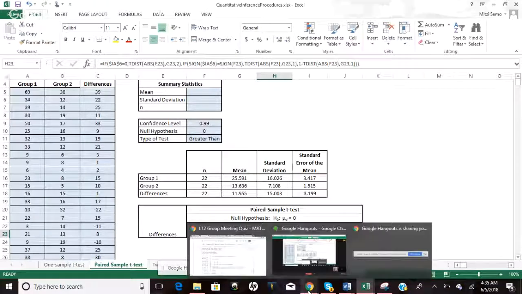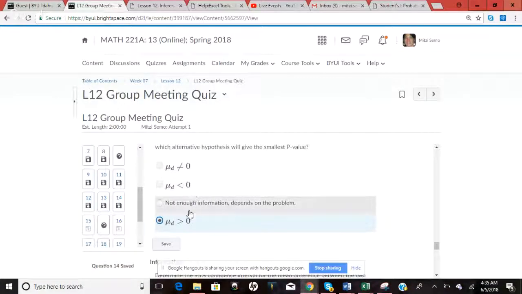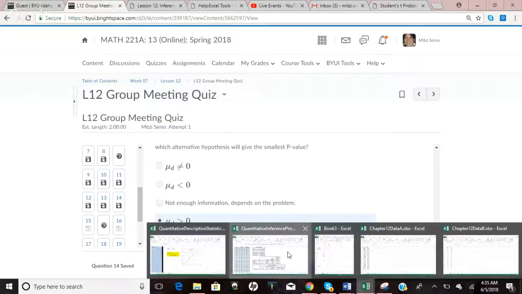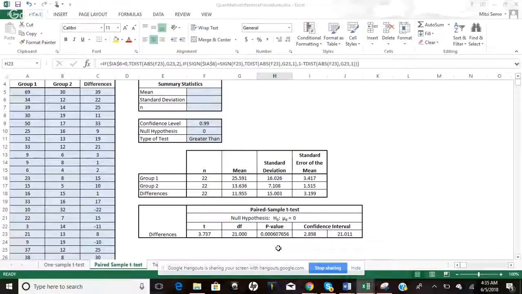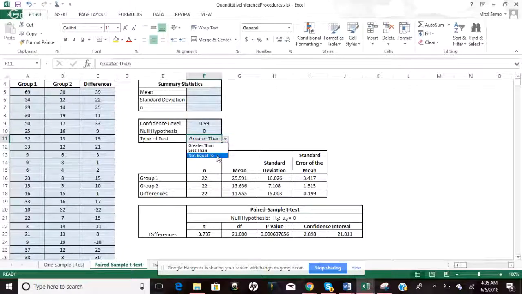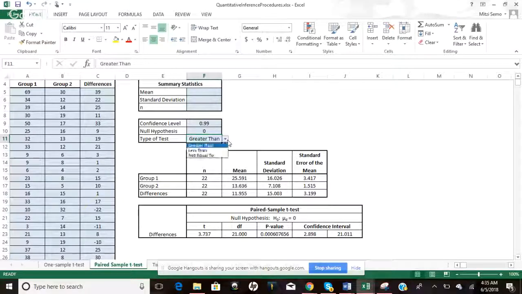So then our answer should be the greater than, because it gave us the smallest. Does that make sense? Am I looking at it right? Yeah, because not equal to, and then it also is less than. Yeah, less than is higher. So greater than is the smallest one.